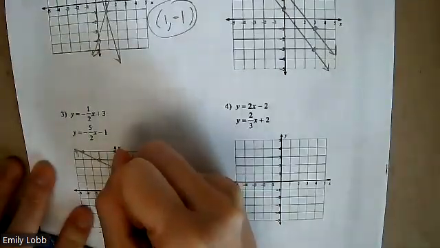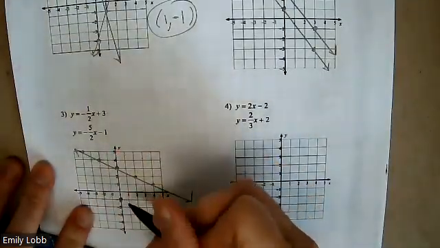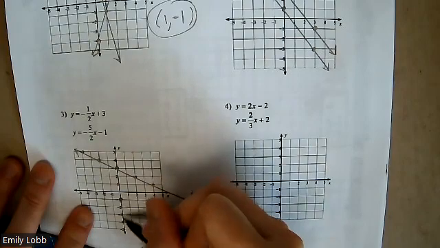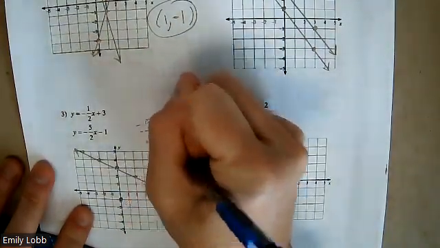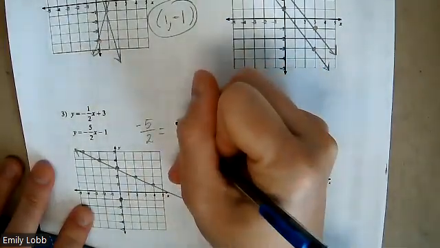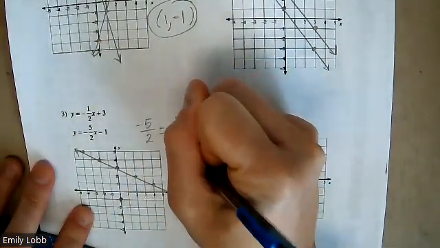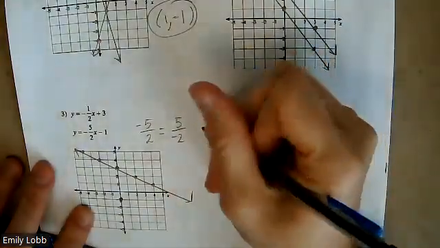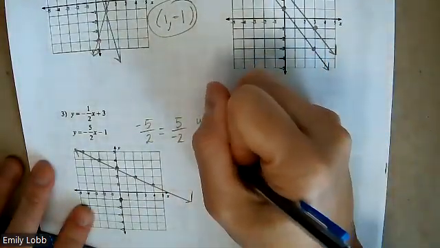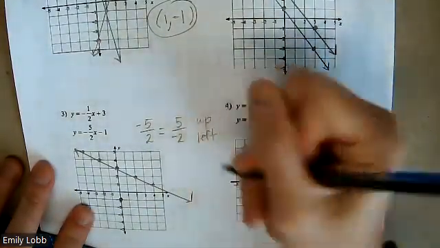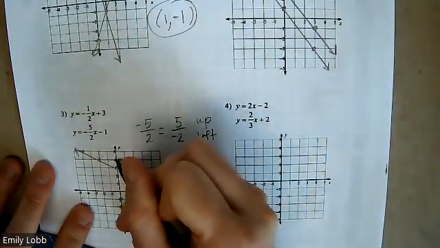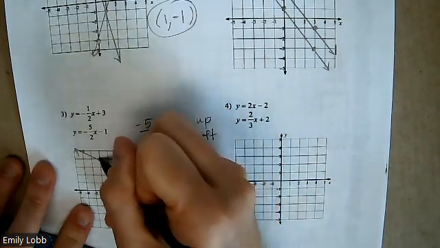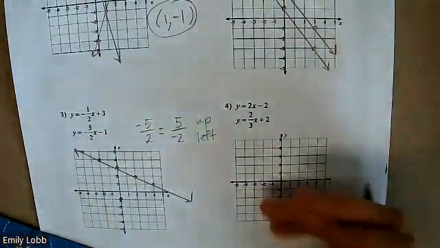So I'm starting there, but I'm going down 5. And I notice right away I can't. So remember, -5/2 is equal to 5 over -2. So this is 5 up, 2 left. So 1, 2, 3, 4, 5 over 2. Do you see where it's going to go through?